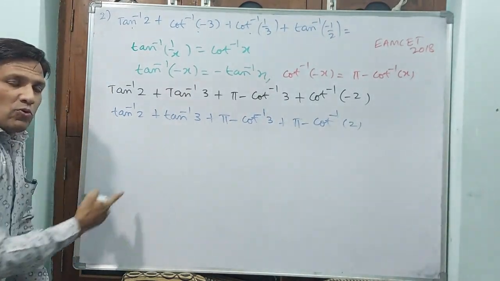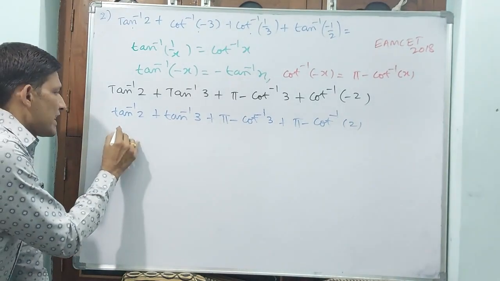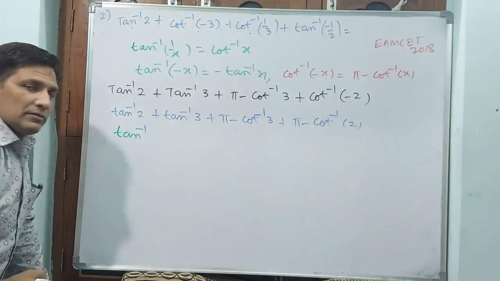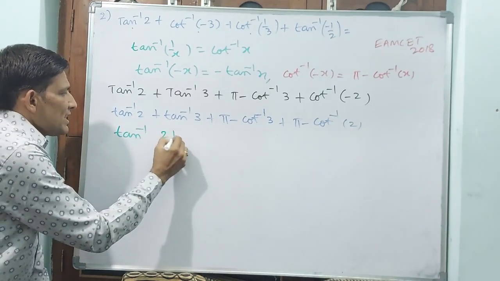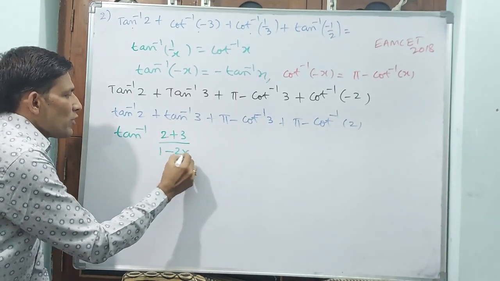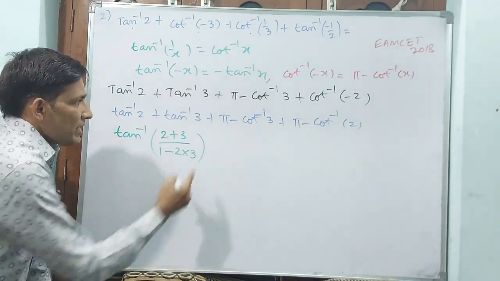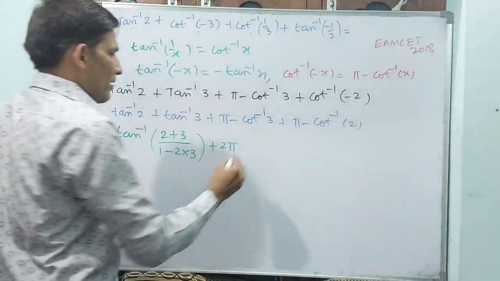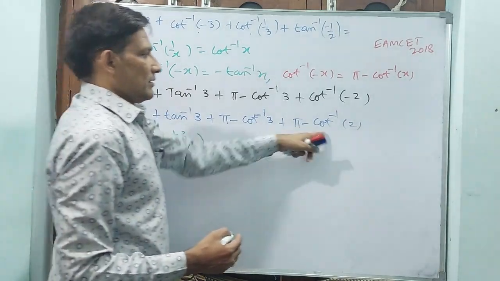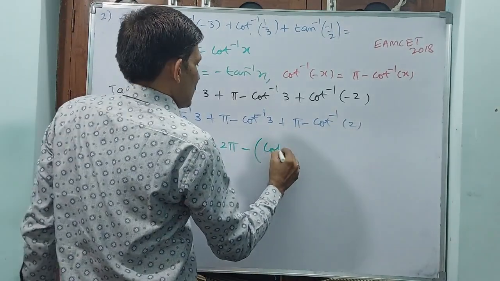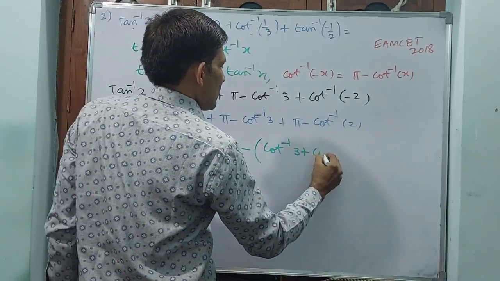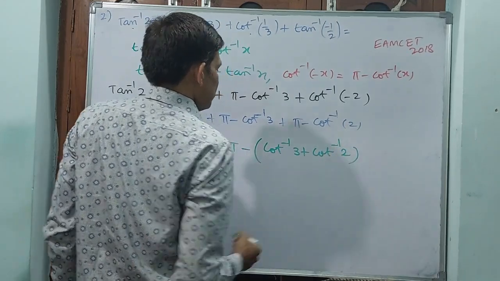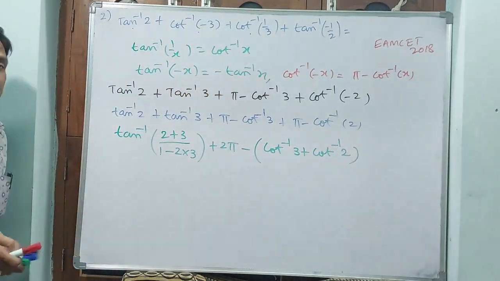Tan inverse of 2, tan inverse of 3, plus means tan inverse of 2 plus 3 by 1 minus 2 into 3. Pi plus pi, 2 pi, minus, you take common, cot inverse of 3 plus cot inverse of 2. Understand?